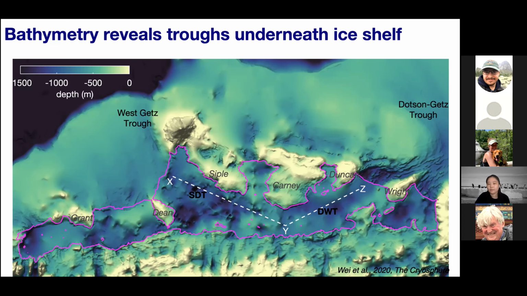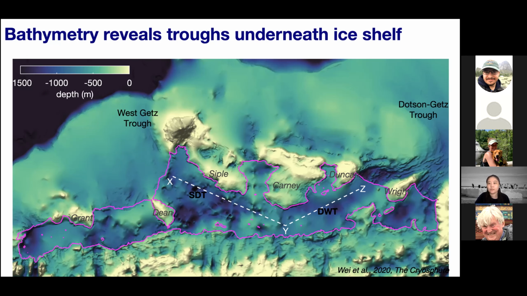Similarly, SDT is a continuation of the West Getz trough. DWT and SDT are actually not fully connected, but they are separated by a bathymetric sill that rises to a depth of about 500 meters between Siple and Carney Islands.